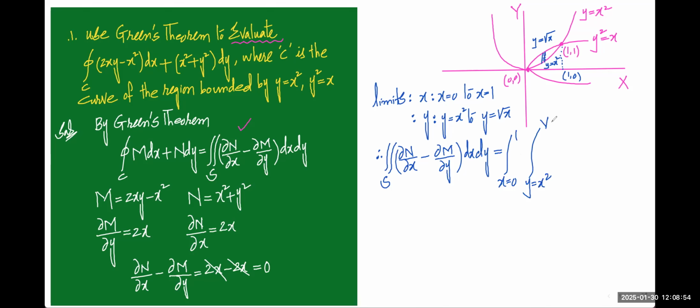Dou n by dou x minus dou m by dou y value will be 0, dx dy. So the final answer will be 0.